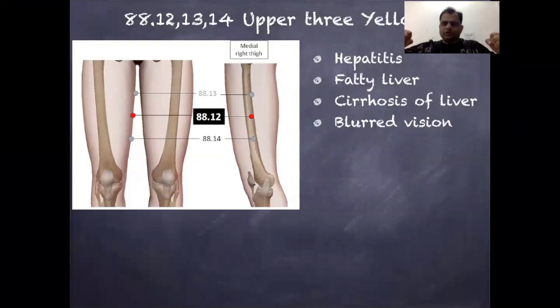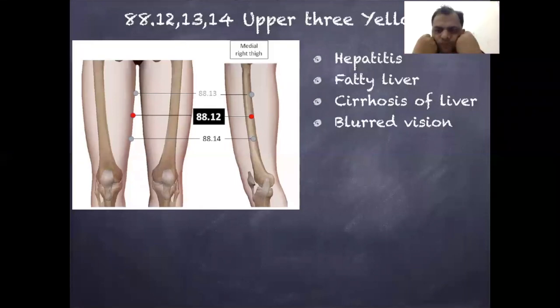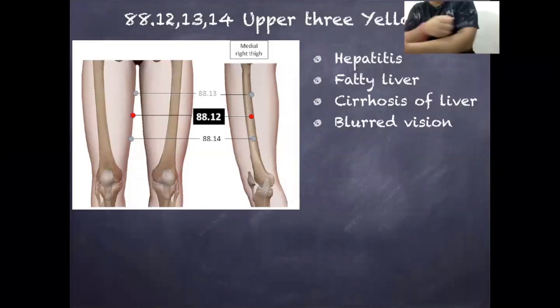and do the pressure, like inhale, and with the exhalation, give the pressure. See, suppose this is my 88.12. Inhale, exhale, hold, inhale, exhale. So in this way, wherever my liver point is, suppose I want to do the pressure here.